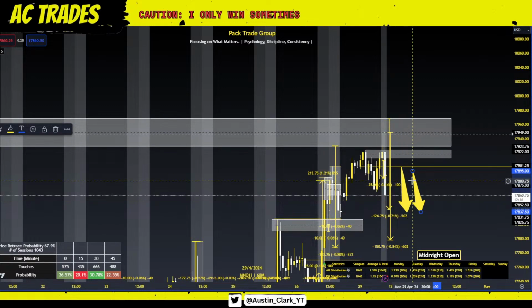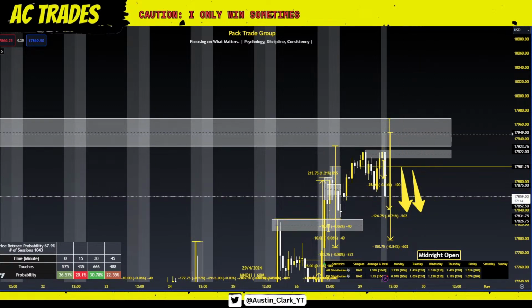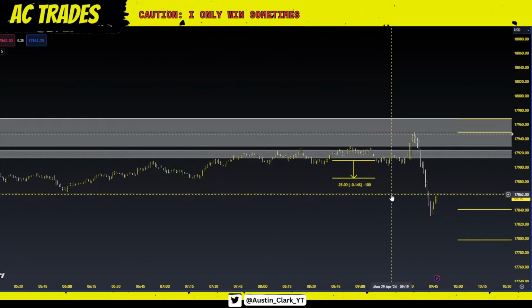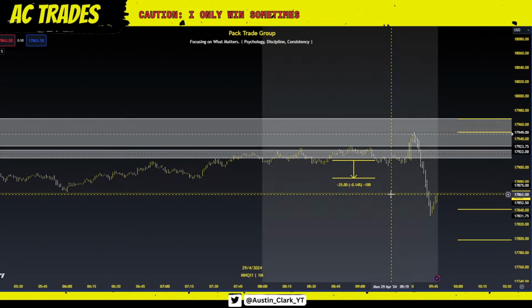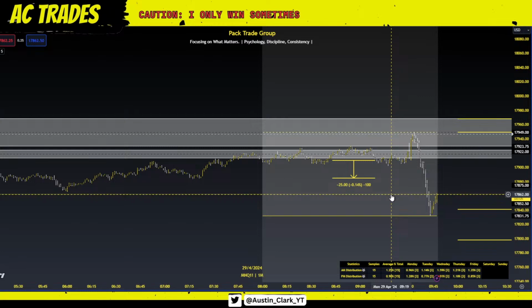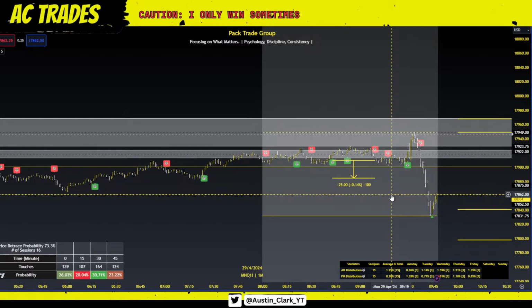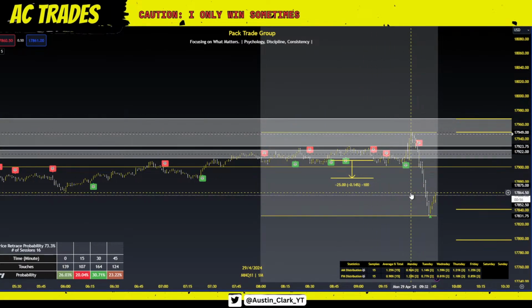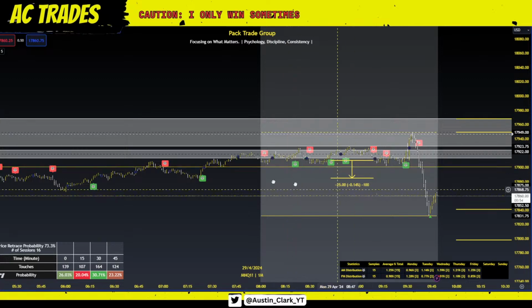Midnight open, bearish liquidity. Number 3, this is proprietary to me and to the pack traders. Again, you do not need my indicator to be profitable, but it does help me because I'm not only going to show you what I use. I'm not going to show you bazillions of other ways you can trade this midnight retracement because I don't trade that way. I show you how I trade.